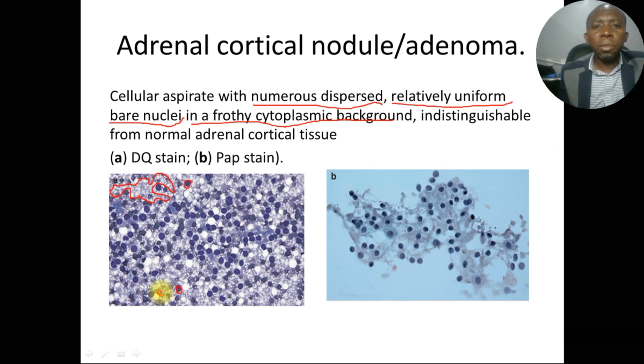And then when we look at these cells, the cells appear to be uniform. They are relatively uniform in size, and there is no cohesion. They are properly dispersed, singly dispersed. They are not crowding, but they are dispersed properly and can be easily seen. And the same thing happens here. We can really see the frothy background, like we can see here. This is not cytoplasm, but we can really appreciate it.